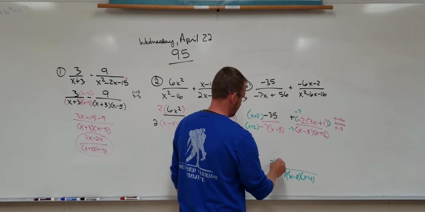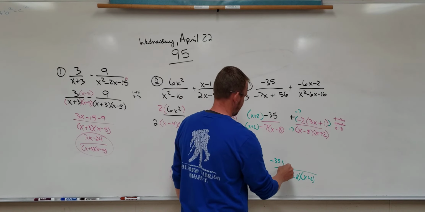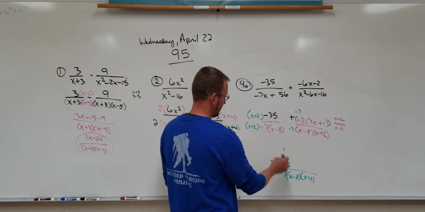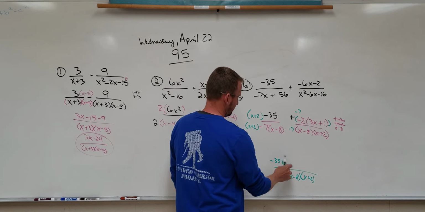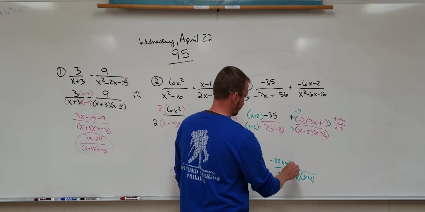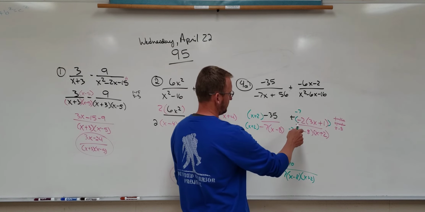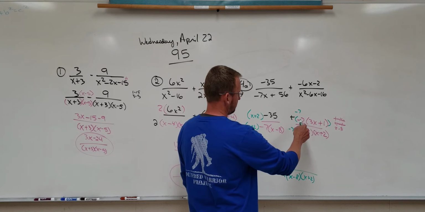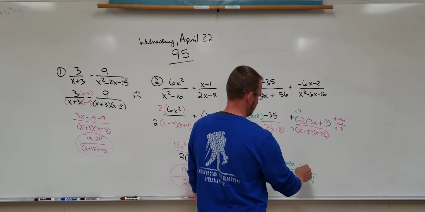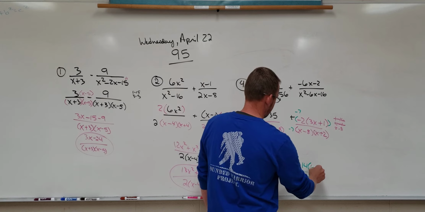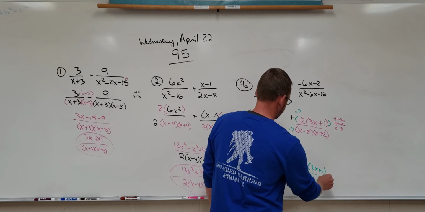We have negative 35, x plus 2. Well, 35 times 2 will give me a negative 70. All right? And then negative 7 times negative 2 will give me a negative 14 times 3x plus 1.